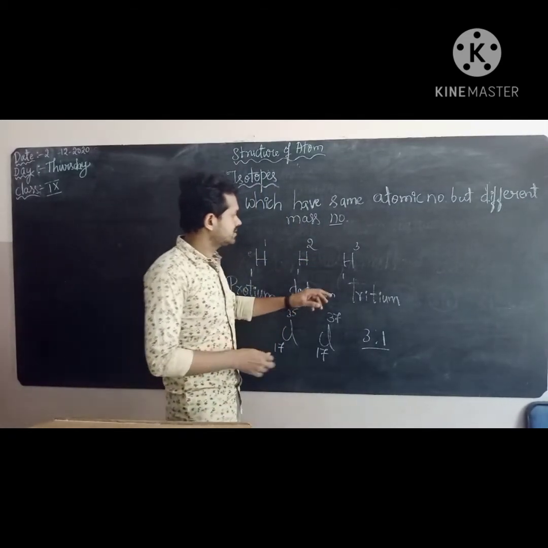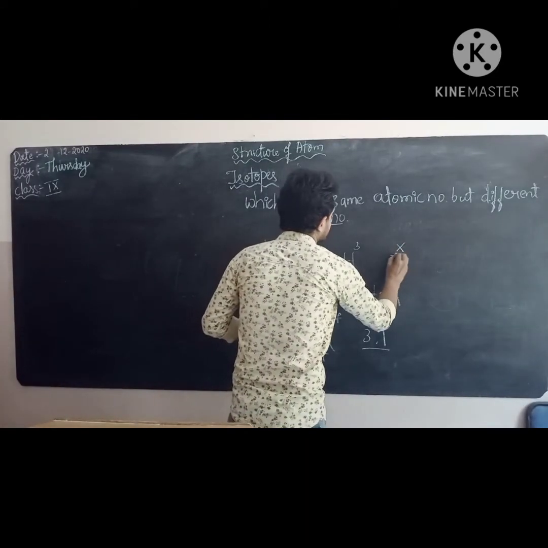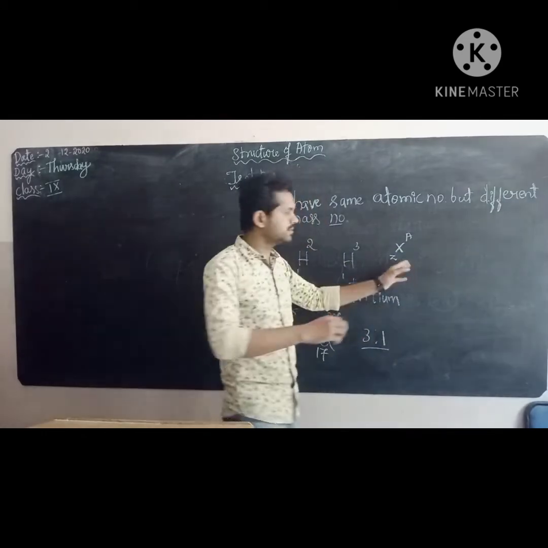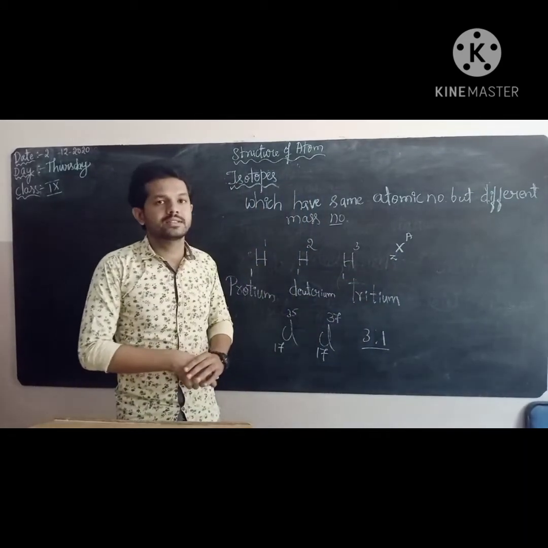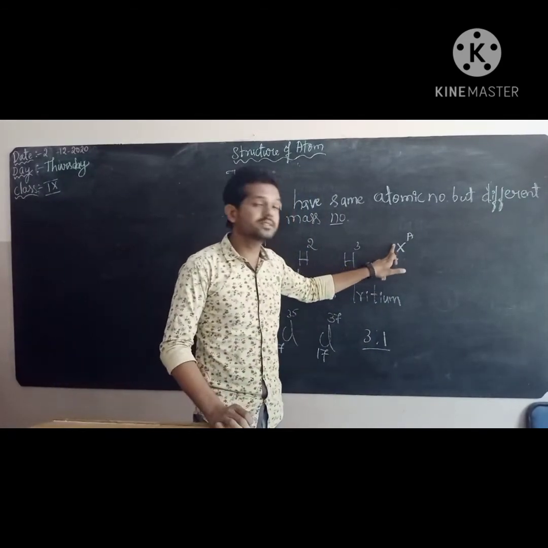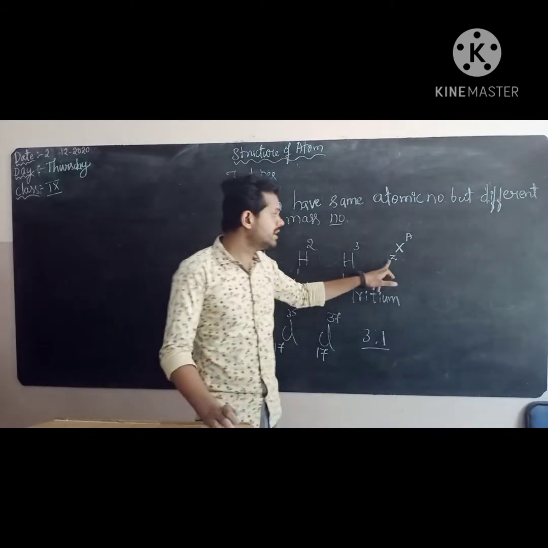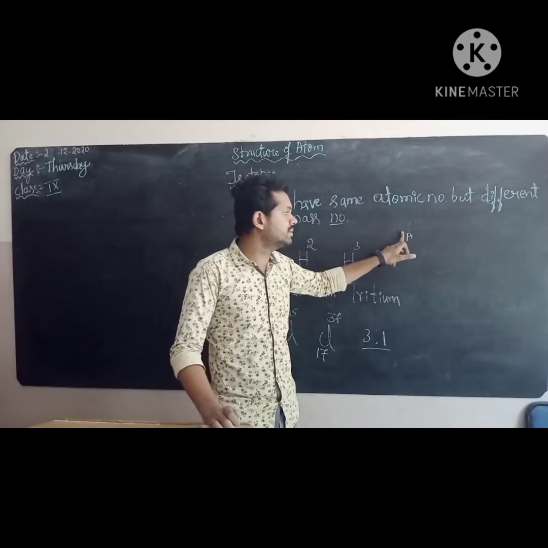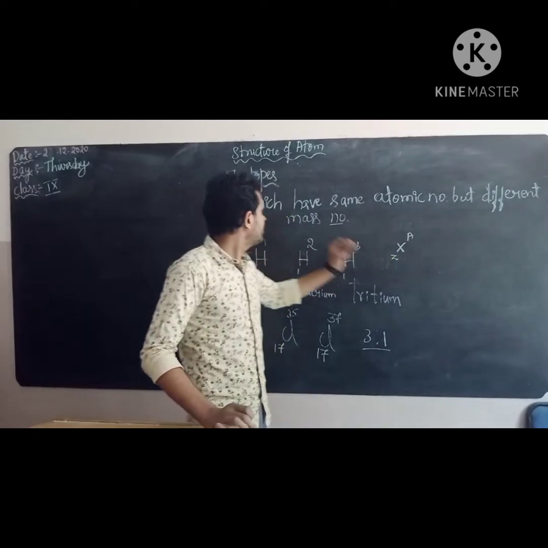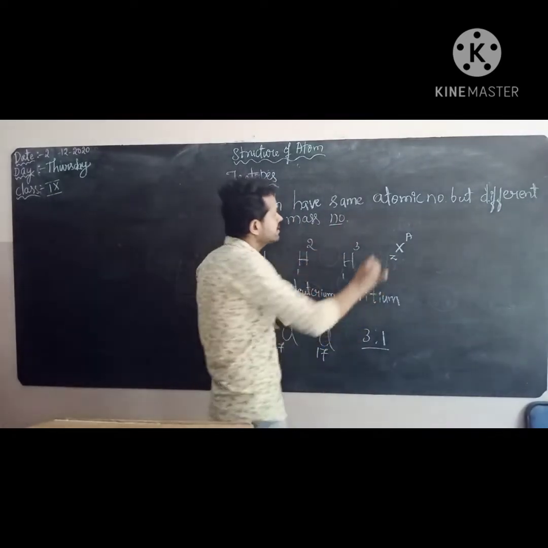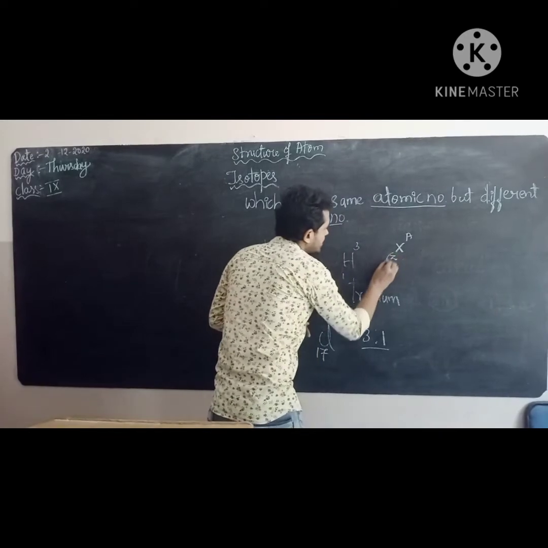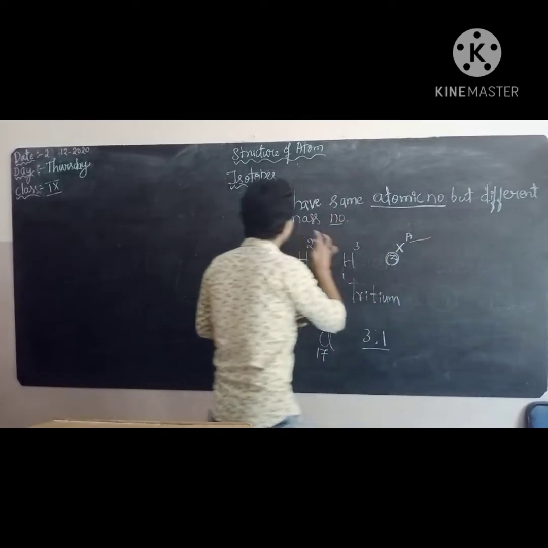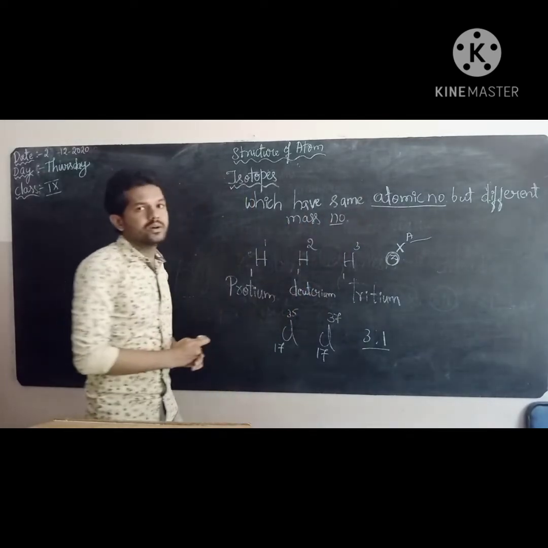You know this X, Z, A. This is the representation of atomic number as well as mass number. I already told, X is the symbol of an element, Z is atomic number, and A is mass number. So isotopes have the same atomic number. The atomic number will be the same, but the mass number will differ.